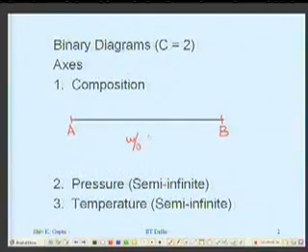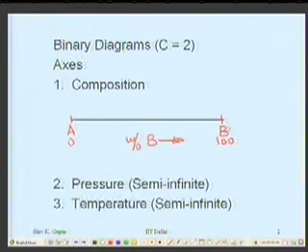In between we have the variation of the amount of B going from 0 at 100% A to 100% in B. This is a finite axis.